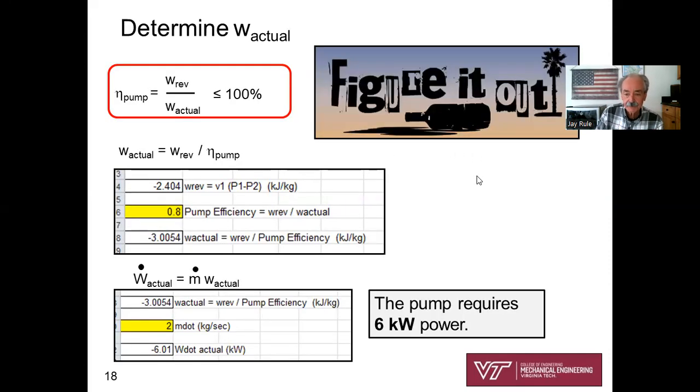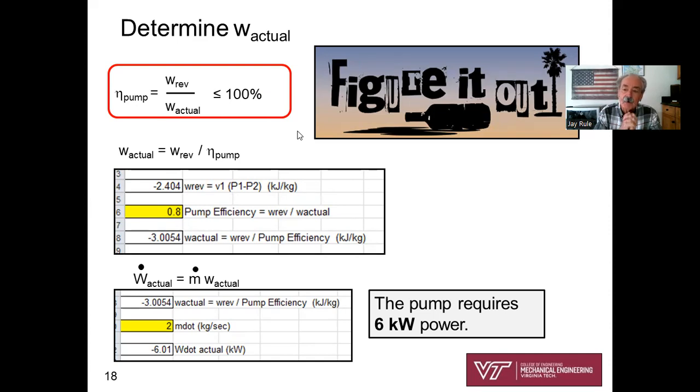Now to pump efficiency. I'm going to suggest that you should be able to write down pump efficiency, not from memory, but by figuring it out, and not by going to a formula sheet. Recognize that pump efficiency is always a number less than 100%. And in your mind, very quickly think, I've got two pumps. Which pump would take less power? Will it take less power to pump my fluid with a reversible and adiabatic process, or an irreversible and adiabatic process?